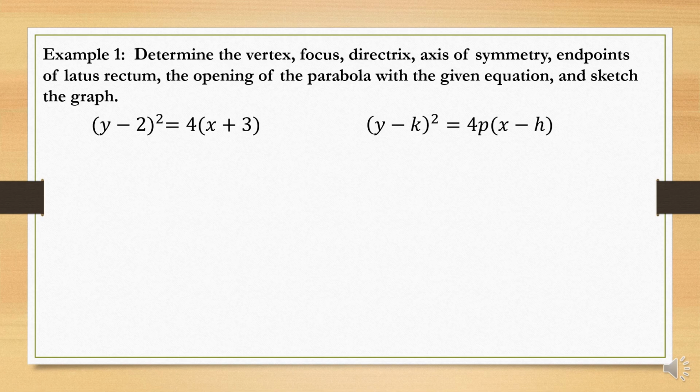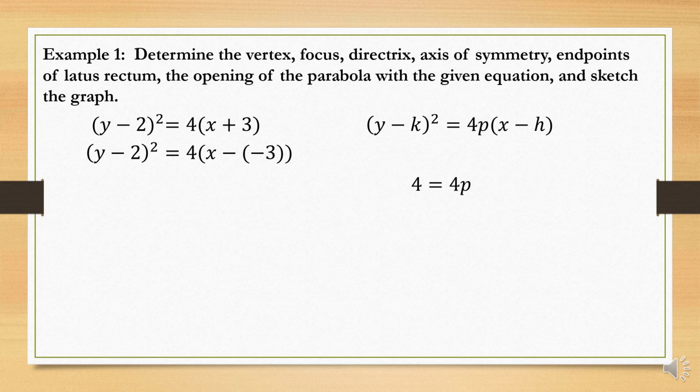Now, to emphasize the values of k, p, and h, we're going to rewrite this in this form. So, the quantity y minus 2 squared is equal to 4 times x minus negative 3. Then you have observed that the coefficient of the x variable is 4, so we need to equate this to 4p.